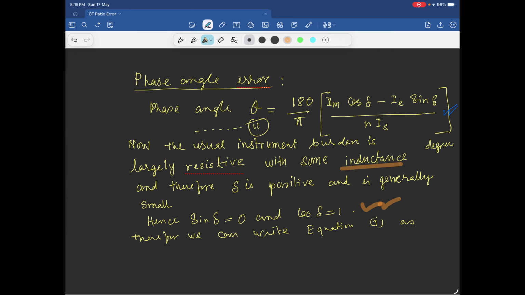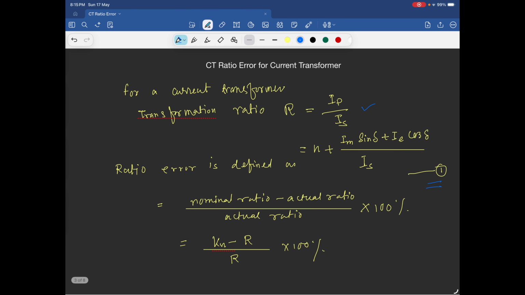Now we have to put the value of sin delta equal to 0 and cos delta equal to 1 in equation 1. What is in equation 1? N plus (Im sin delta and IE cos delta) by IS. So sin delta is equal to 0 as it is very small, and cos delta, cos 0 is equal to 1.